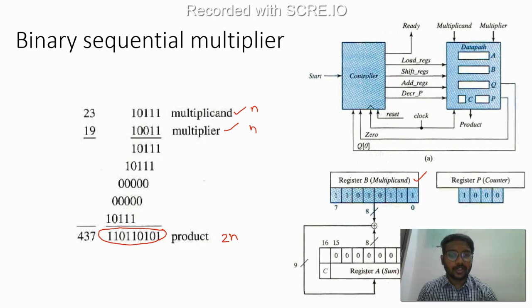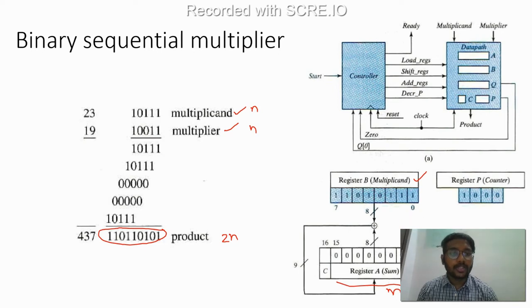For this 2n bits, we use register A and Q as 2n bits. The register A length will be similar to that of the multiplicand length, and register Q length will be the same as the multiplier length.